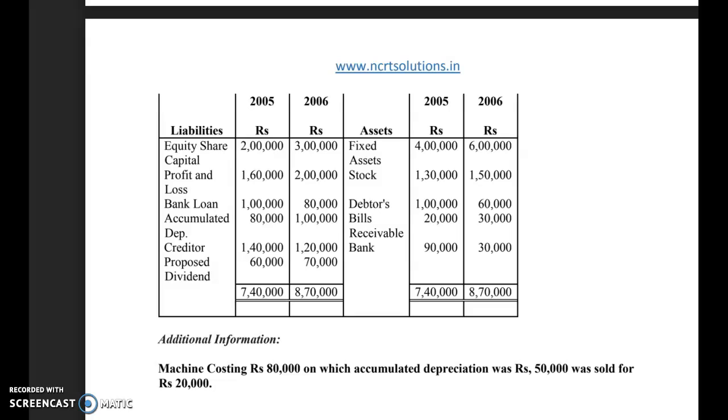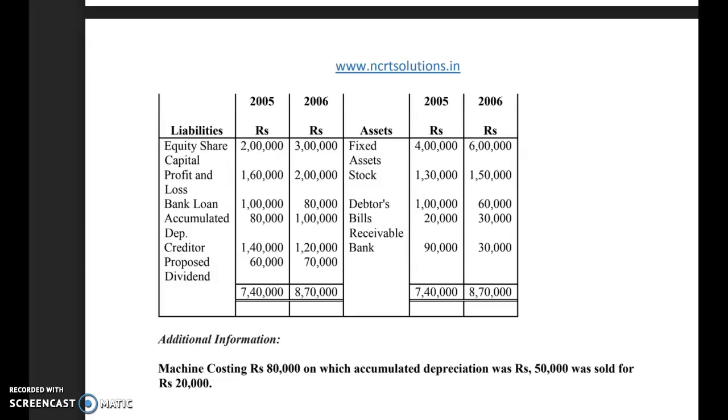Dear students, in the examination, you may be asked to prepare a cash flow statement where some additional information is given, and that additional information may relate to the provision for taxation, proposed dividend, depreciation on any non-current asset, the sale and purchase of any non-current asset, payment of interest, and payment of dividend.